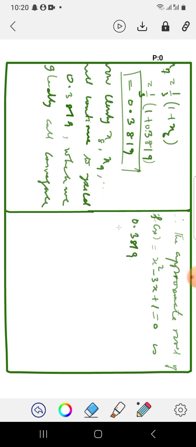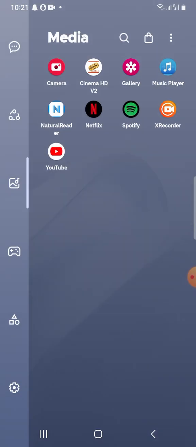Now let's see how far off from 0 we are. So all you have to do now is to put 0.3819 into the function. You square it, minus 3 times 0.3819 plus 1. What is this going to yield? I'm going to use my calculator.